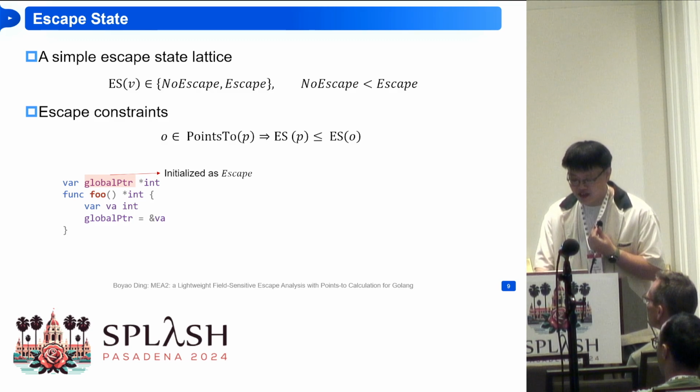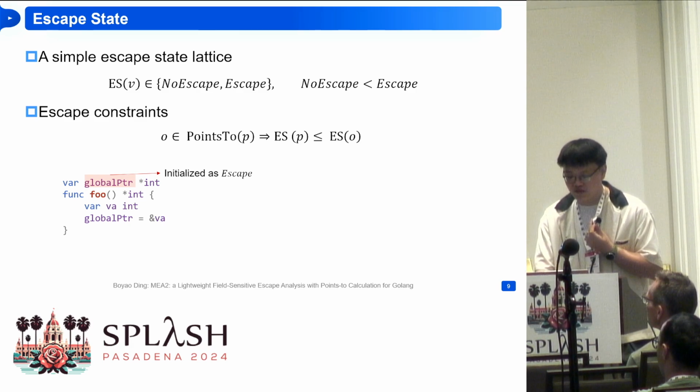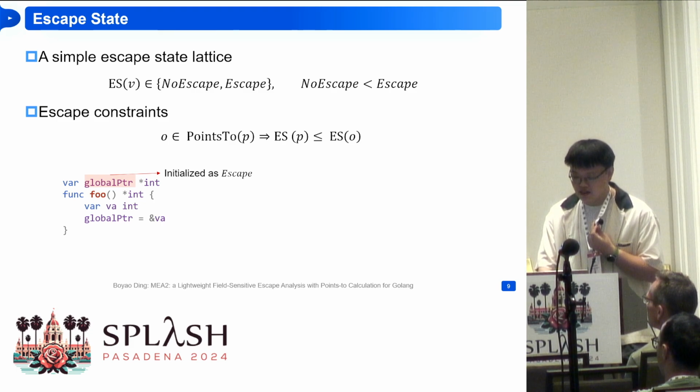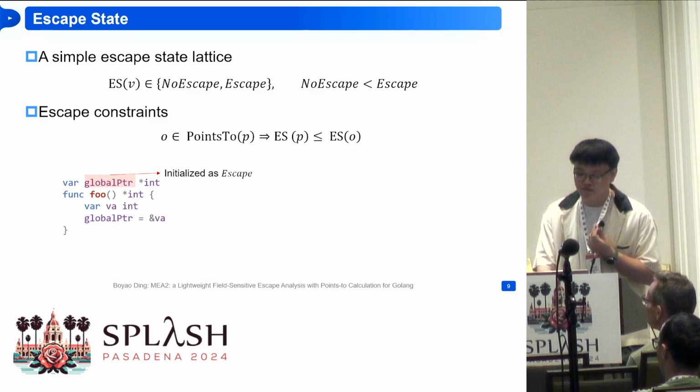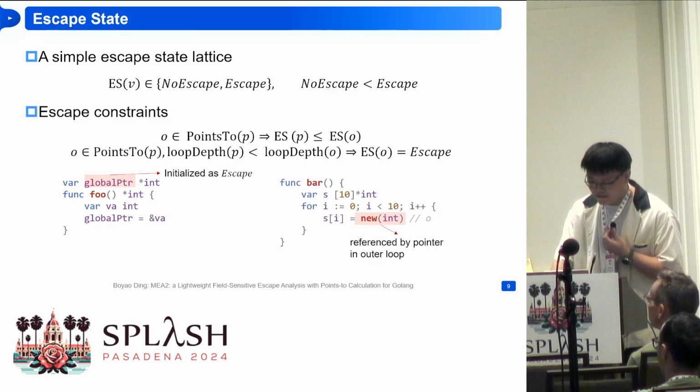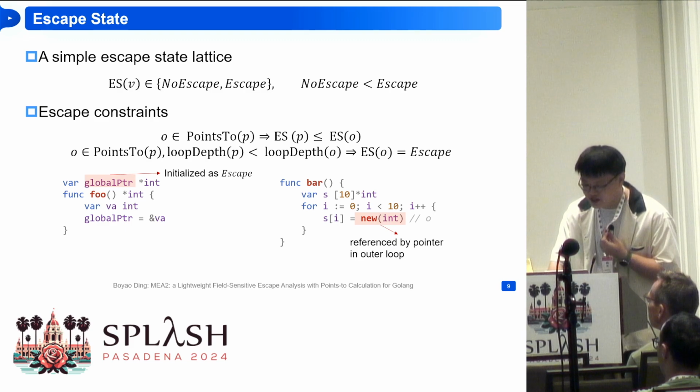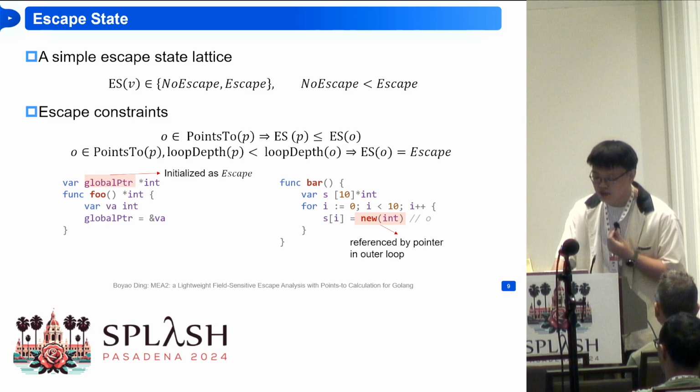In the case given here, the global variable globalPtr points to the local variable va, and since the state of global variables is initialized to escape, according to the constraint, the escape state of the variable va can only be escape. The next constraint stems from the specific requirements of Go for objects allocated within loops. If they are referenced by a pointer in the outer loop, they should be marked escape and heap allocated.